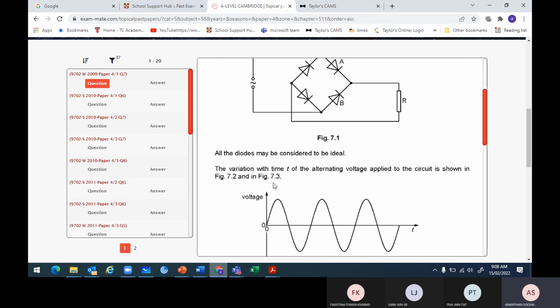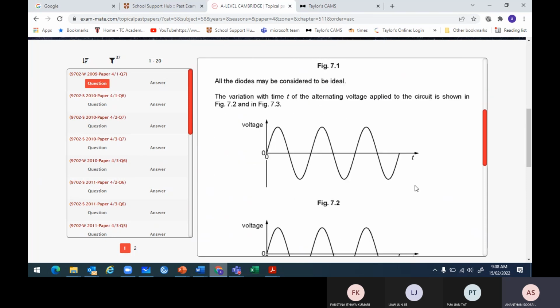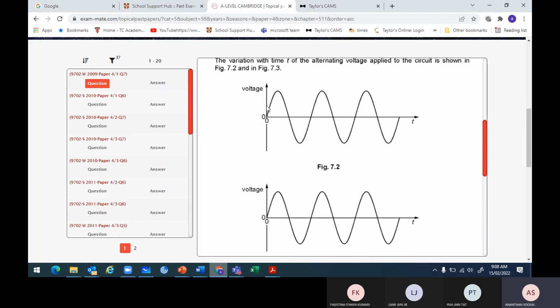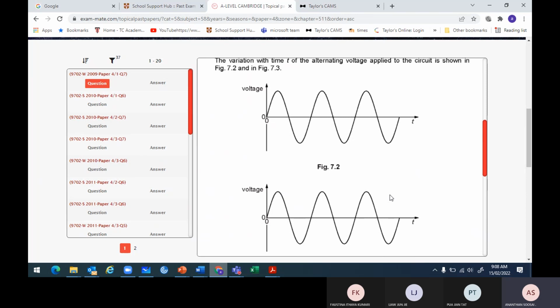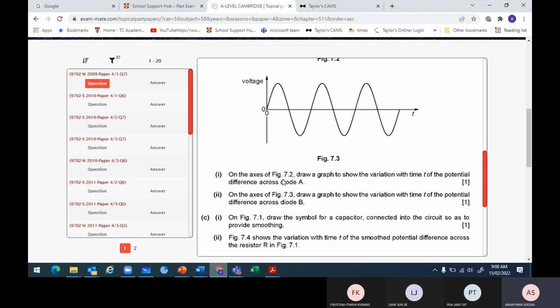The variation with time t of the alternating voltage applied to the circuit is shown in figures 7.2 and 7.3. So two graphs. On the axes of 7.2, draw a graph to show the variation with time t of the potential difference across diode A, and 7.3 for diode B.